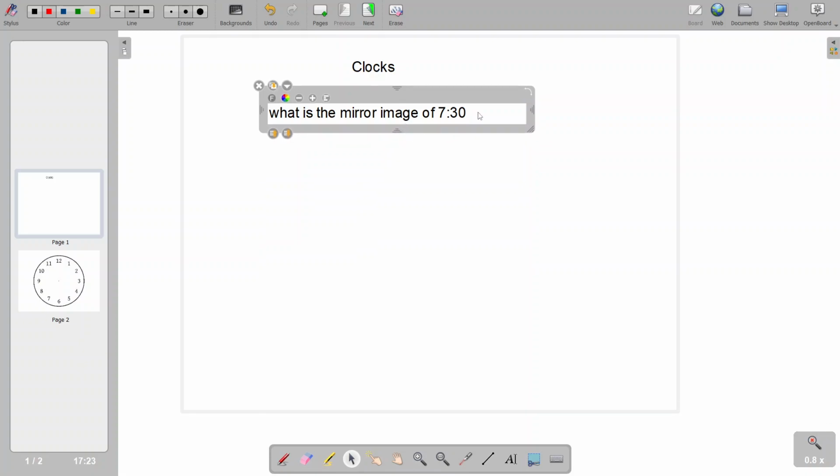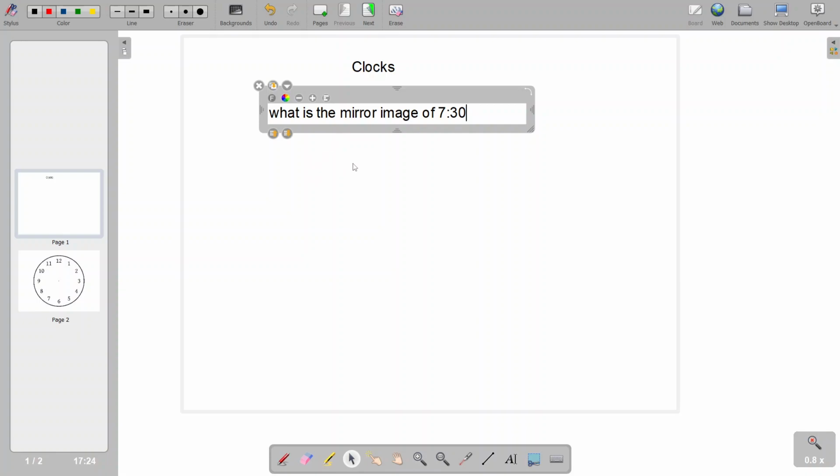So how will you find this? We can find this with two methods, the general method and the shortcut method. First I will explain the shortcut method. Using the shortcut method, how to find the mirror image of 7:30.